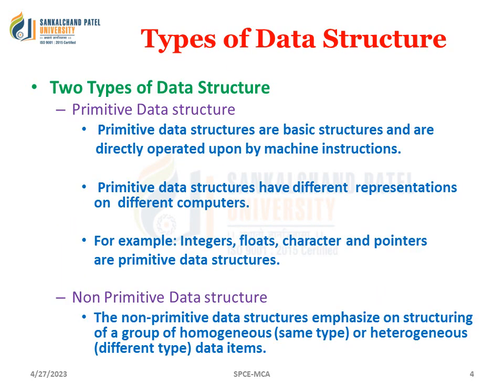Now, types of the data structure. There are two types: primitive data structure and non-primitive data structure. What do we mean by primitive data structure? Primitive data structures are basic structures directly operated on by machine instructions, like integer, float, character and pointer.